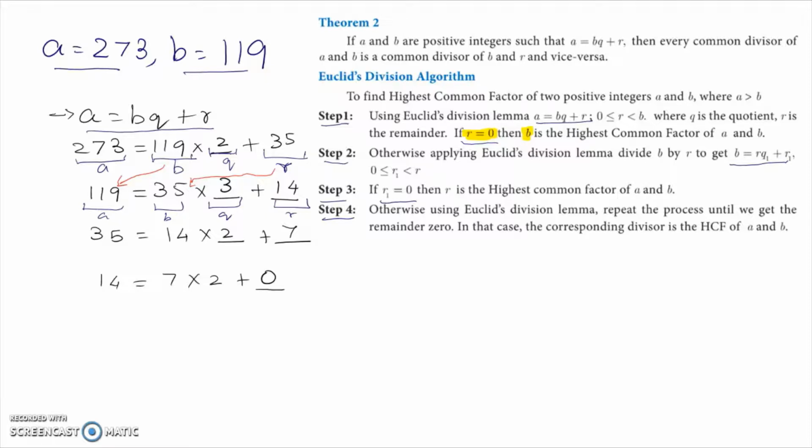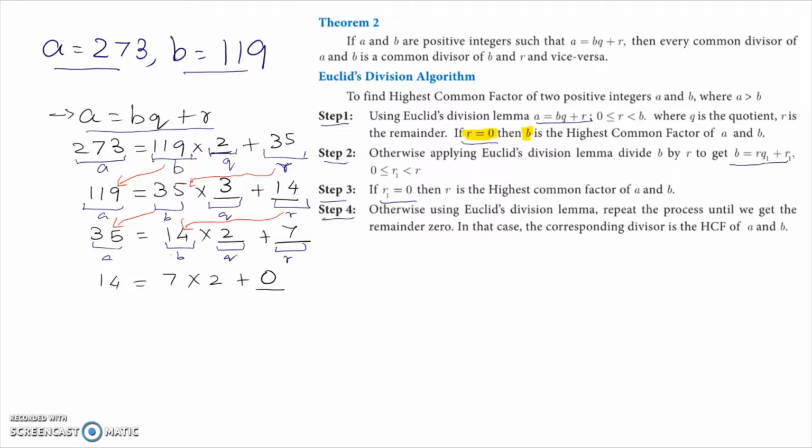So we're going to repeat the process, which means now our A will be 35, our B will become A, and our R will become our new B. So again, applying this A, B, Q, and R, our R is 7. So we need to get this R to be 0. So let's apply this one more time.